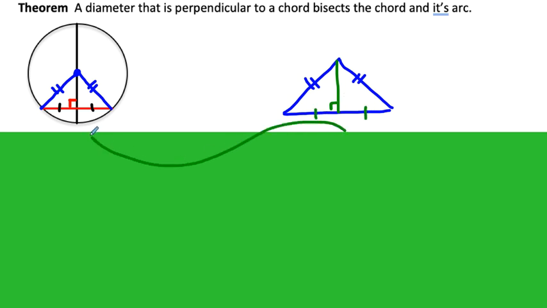That's why if a diameter is perpendicular to a chord, it bisects that chord. Well, congruent arcs have congruent chords, so if we know this arc and this chord are equal, then these little pieces would also have to be equal. There's a lot going on here when I put a diameter through a chord. We're going to be using that.